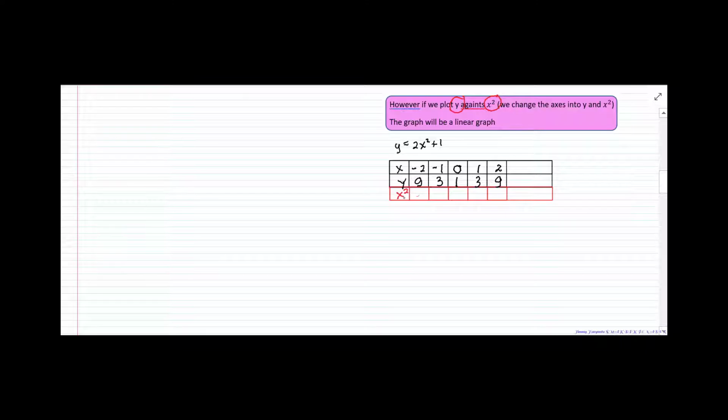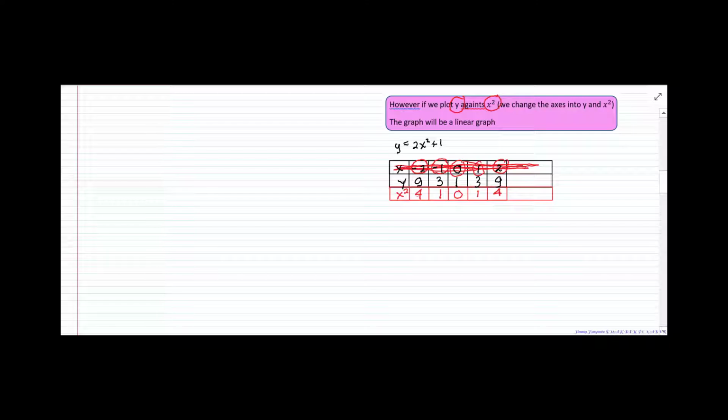How to fill the table? Because we want to fill the x squared table, we have to square the x. Negative 2 squared becomes 4, negative 1 squared becomes 1, 0 squared is 0, then 1 squared is 1, 2 squared is 4. I don't need this x again, so I erase it.